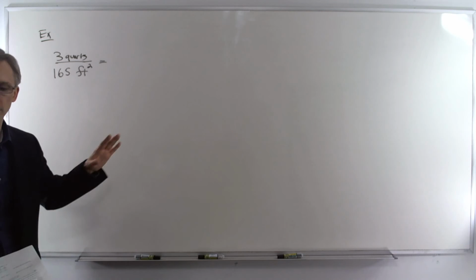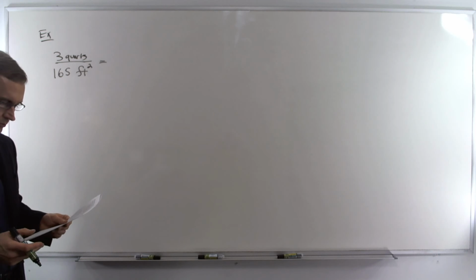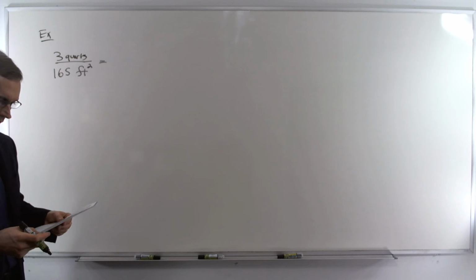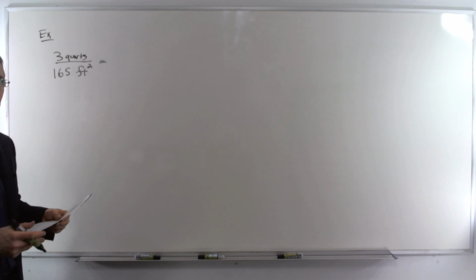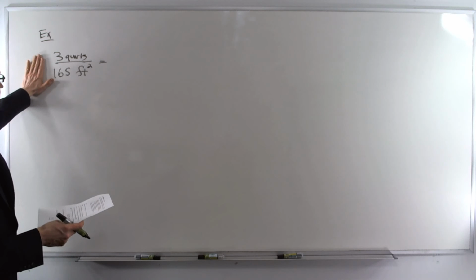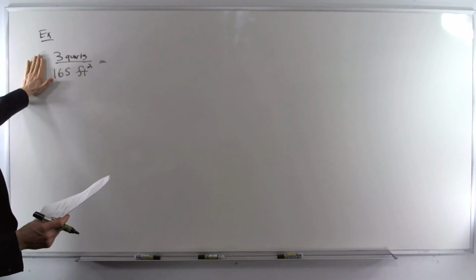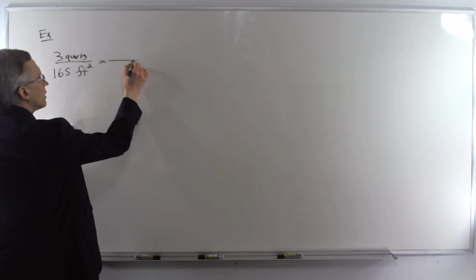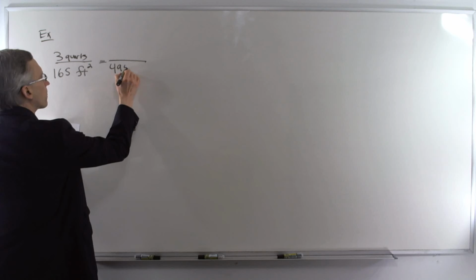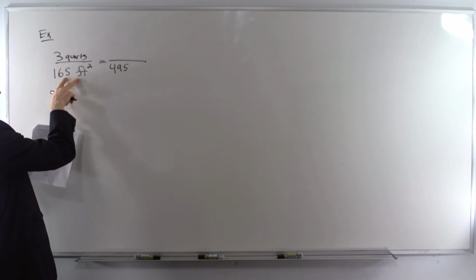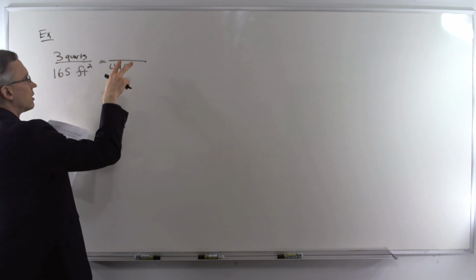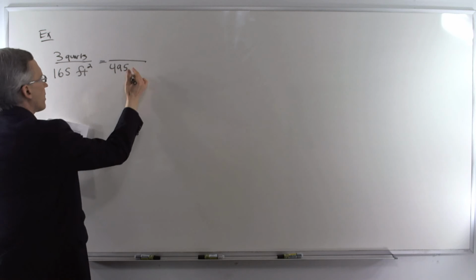Now we're going to set this equal to another rate. Now we need to set up the other rate so that it's consistent with this one. We got the same units on the same side. Now the other known quantity is 495 square feet. Since square feet's on the bottom of this rate, it has to be on the bottom of this rate.